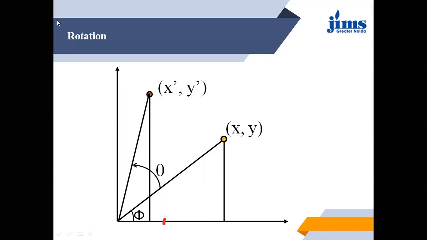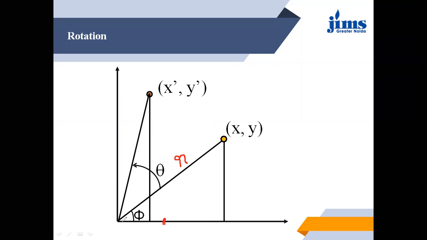Suppose the length of the hypotenuse is r, and it makes an angle phi with the x-axis.